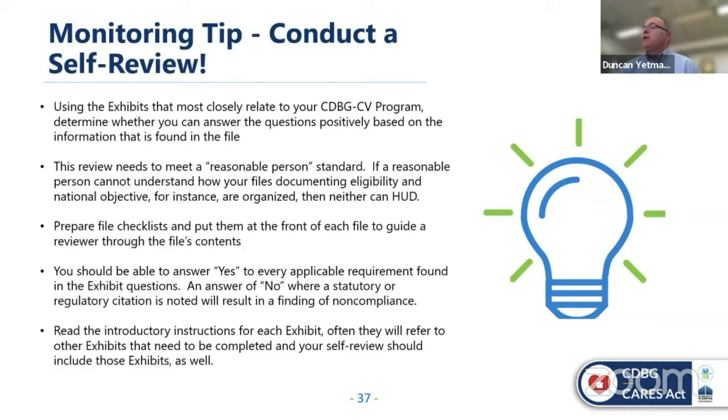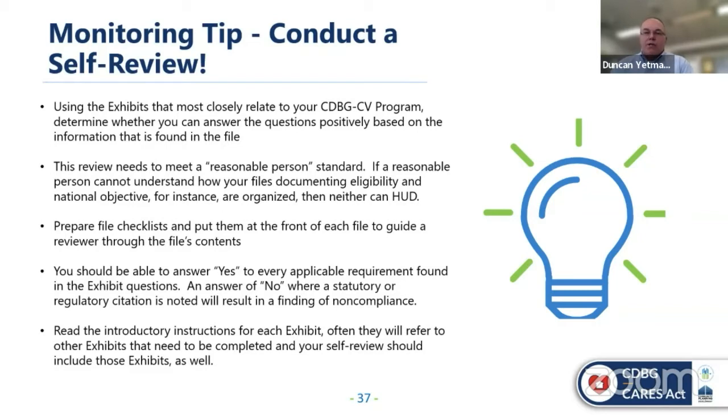The next question here: if we're providing funds to a UGLG, a unit of general local government, to reimburse multiple businesses for measures taken in response to COVID, do we have to put info on each business in IDIS, or since it is one grant to the UGLG, can we aggregate the amounts? So the UGLG is your subrecipient. It's up to them to separate each one of those files and assistance out in its files.